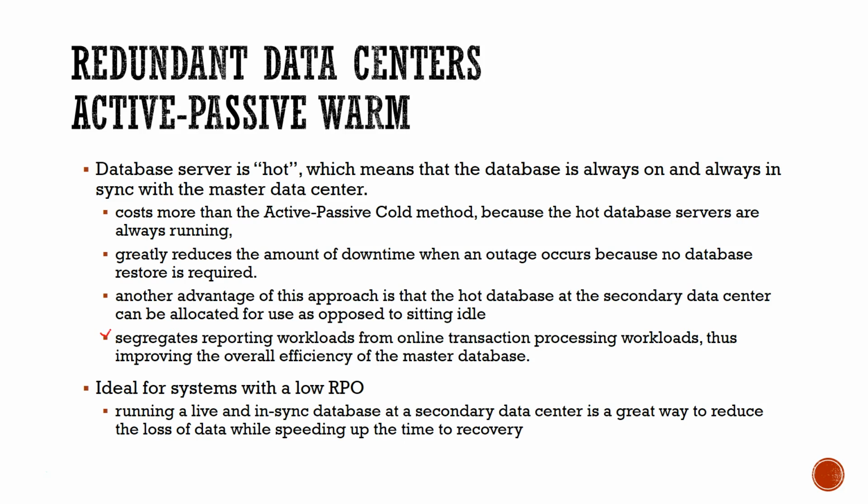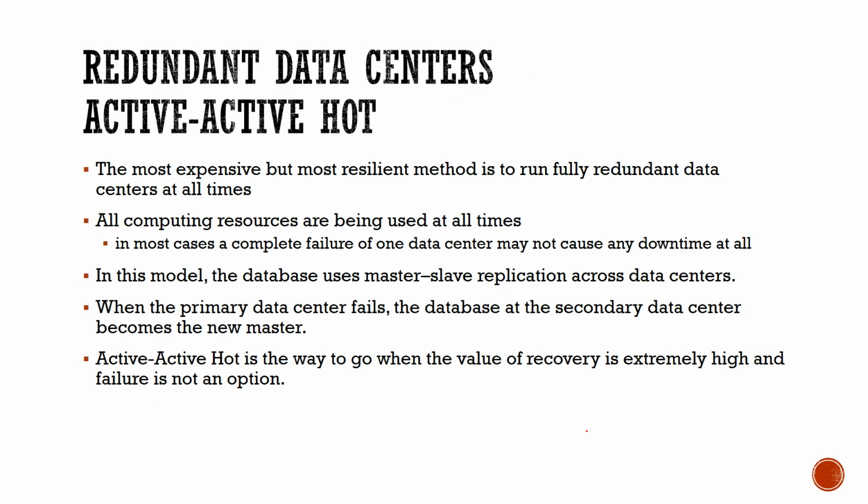So you can keep a separate copy of the database, improve the overall efficiency of the transaction processing database, and still have the functionality of the other database because it is running. This is ideal if you're running a live in-sync database at a different location. Then it will speed up your recovery time and minimize the recovery time.